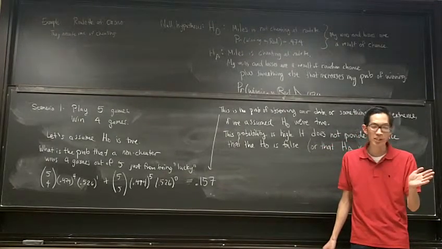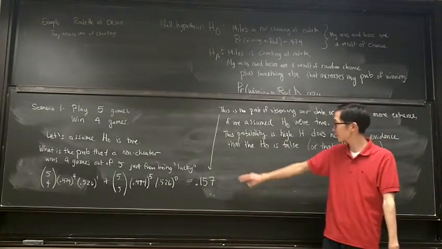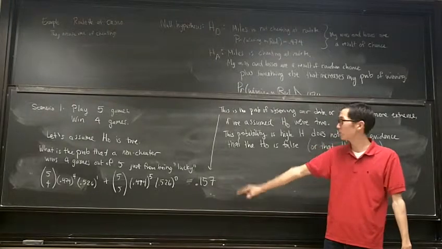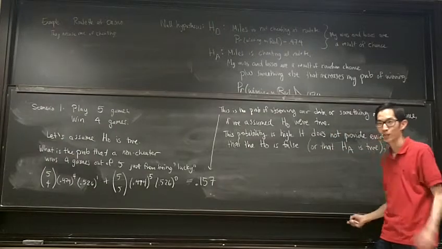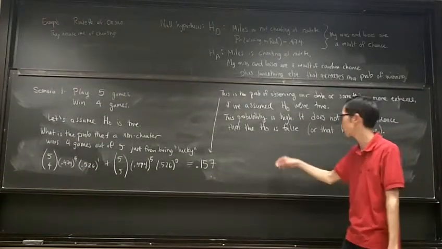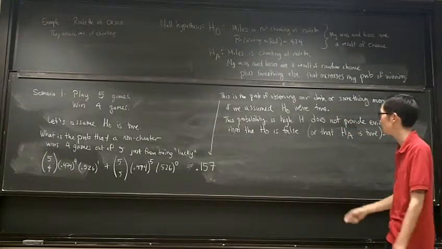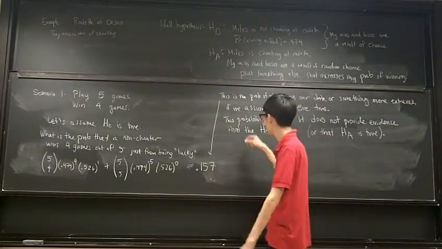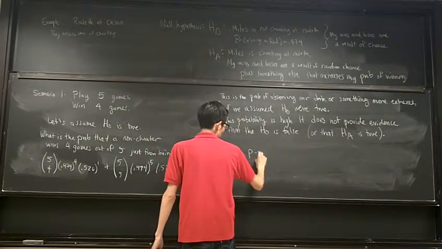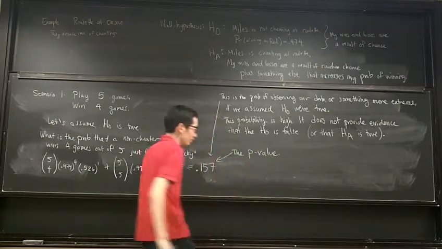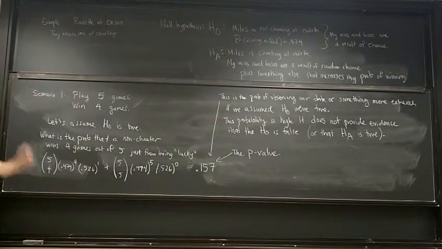The established number has been 5% through the literature. This thing here, we give it a special name. It's called the p-value. You might have heard that if you've read research papers. The p-value is the probability of observing our data, or something more extreme, if we assumed the null hypothesis were true. We're going to repeatedly see the p-value for the rest of this class.